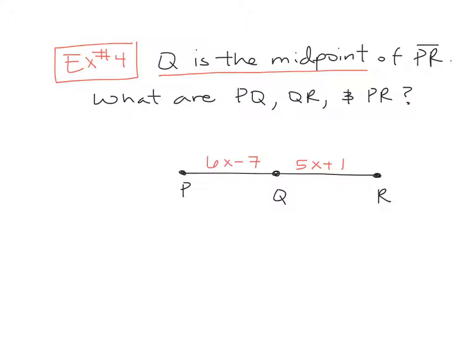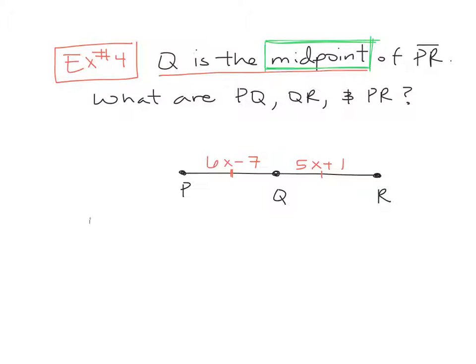Why? You're going to put an equal sign in the middle. Why? What about this problem told us they're equal to each other? Q is the what? Midpoint, right? So because of this word, you do this problem differently. Because we know Q is in the middle, that means that these two segments are equal. So you set them equal and you solve. Okay, that's the only difference in today's.